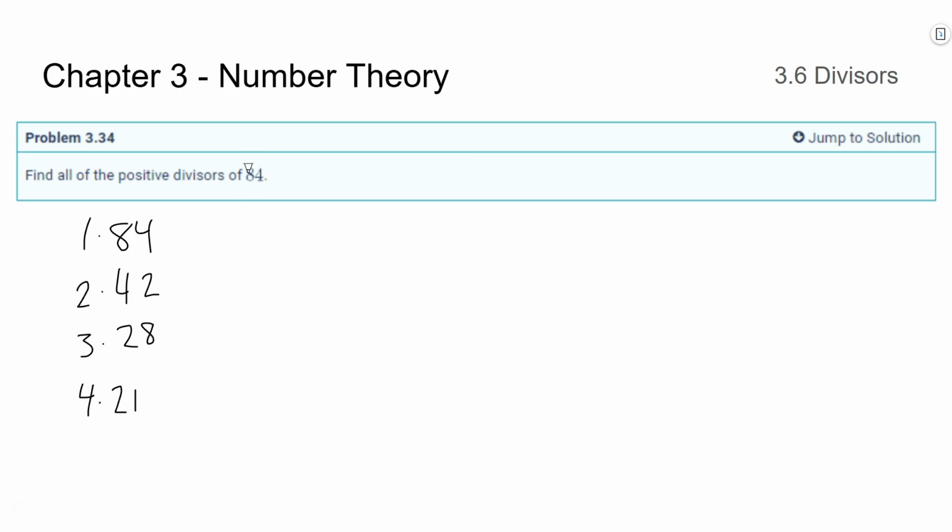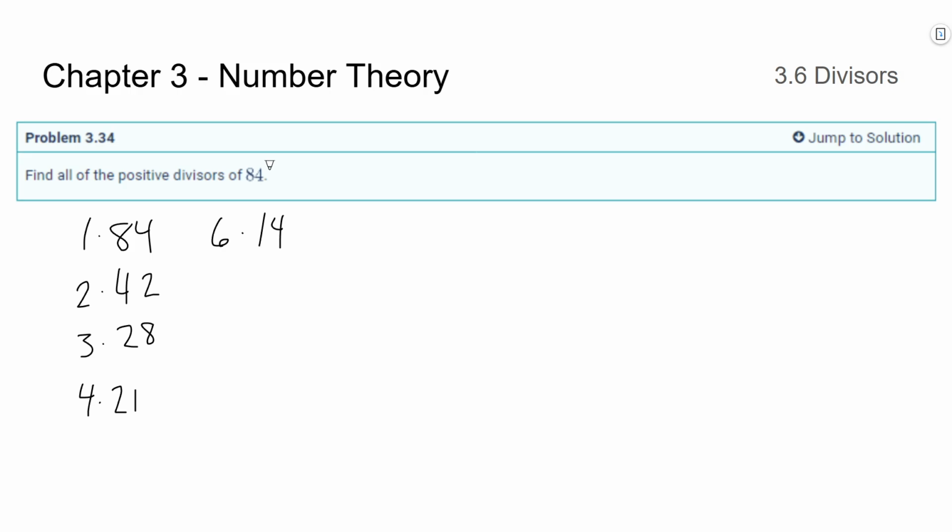How about 5? It's not divisible by 5, it doesn't pass that rule. How about 6? How do we know if it's divisible by 6? Well, it's divisible by 2 and 3, so maybe it's divisible by 6.